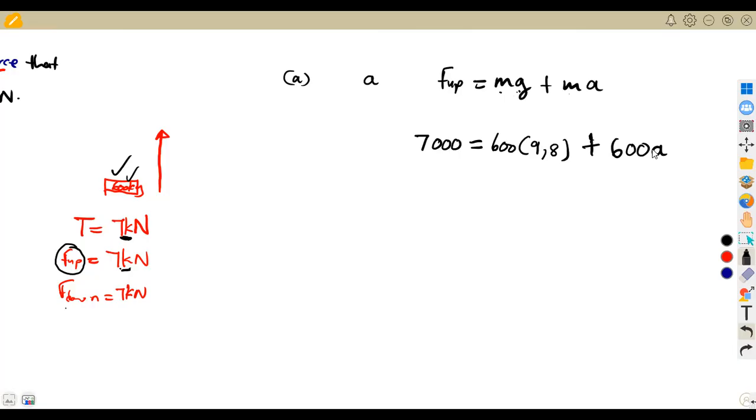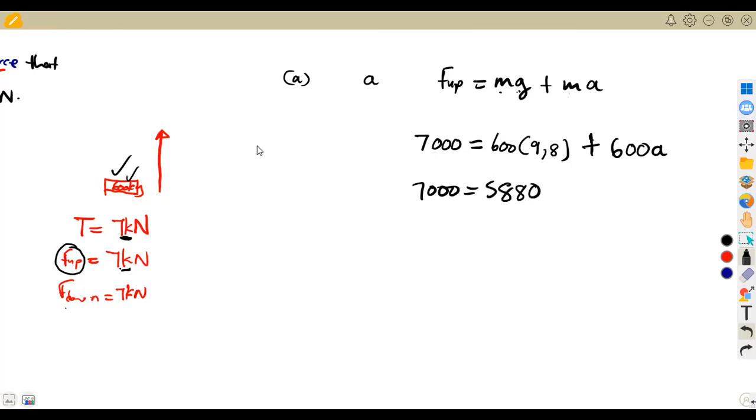So what is going to be our acceleration? This one is a play around with our calculator. So we've got 7,000 is equal to 600 times 9,8, which gives us something like 5,880 there.